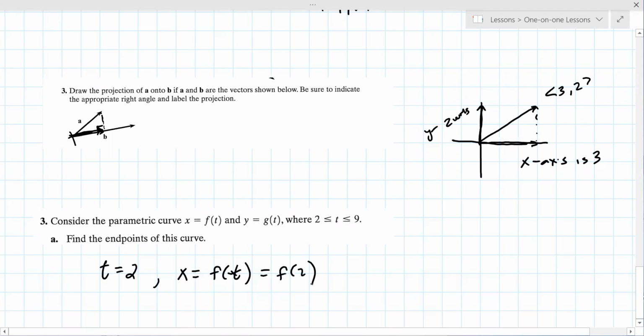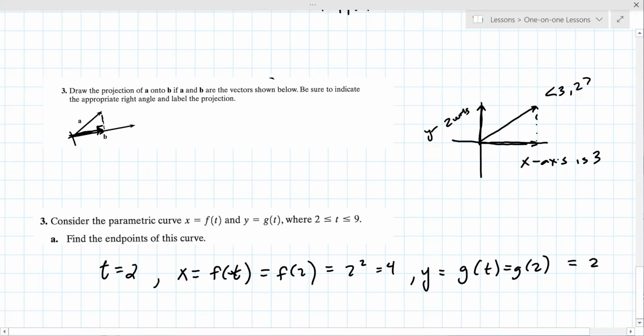Now we have no idea what f of 2 is, but they gave you a hint down below, so we can maybe use that. It says assume that f of t equals t squared, so we can say that this is 2 squared, which is 4, for the purposes of this. And then y is equal to g of t, which is equal to g of 2, and we can just say that that's equal to 2.